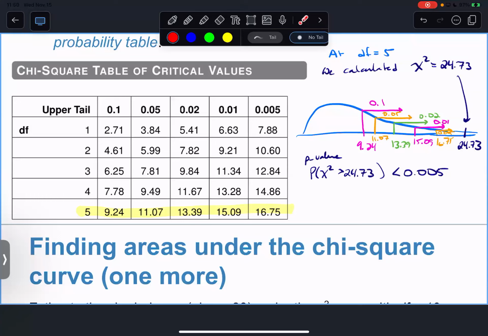And so the p-value is the probability that the chi-squared is greater than 24.73. Well, it's just going to be less than 0.005. Sorry, I added a 0.